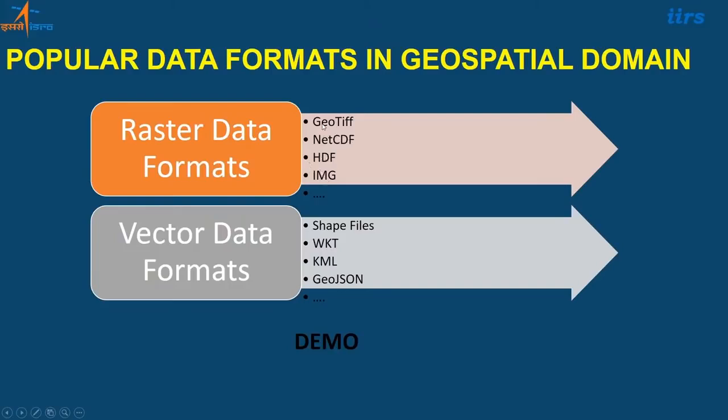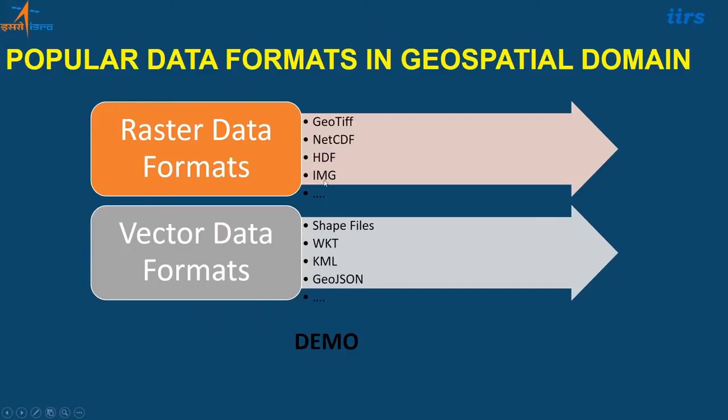These are some of the formats in which raster data exists. They have their own limitations and their own advantages also. GeoTIFF is for the smaller images. Suppose I have a very multi-dimensional data set, in that case we go for NetCDF. Similarly, if I have a very heavy data set, let us say very large satellite images, in that case we go for the IMG format.